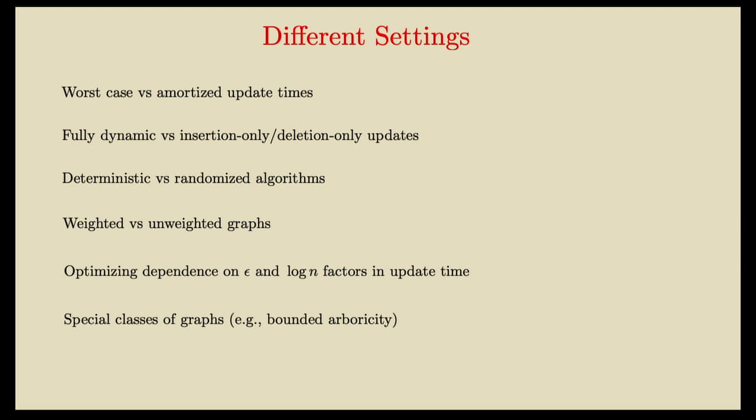It is not one problem, it is basically a collection of problems. So, for instance, you can focus on worst case update times, or you can say you are happy with amortized update time. You can focus on fully dynamic setting or insertion only or deletion only settings. You can care about the distinction between deterministic and randomized algorithms, weighted versus unweighted graphs, and try to optimize the specific dependence on epsilon and log n in update times. And you can also consider special classes of graphs.